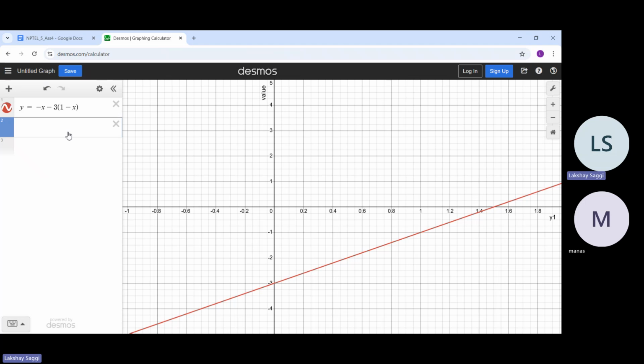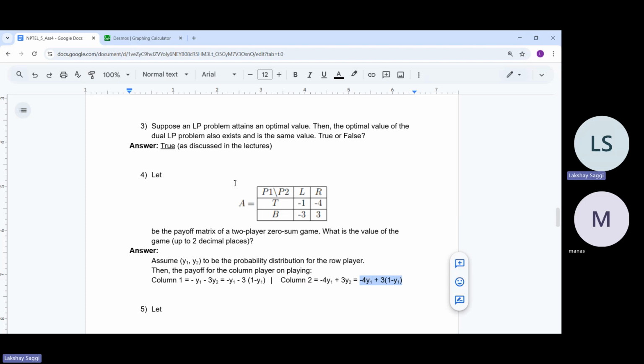So y just becomes x in this plot: y equals minus 4x plus 3 times 1 minus x. Now note that we are just interested in the domain where y1 goes from 0 to 1, right? And whatever y1 we choose, the expression which we actually want is a minimum over y1 and then a maximum over all the columns.